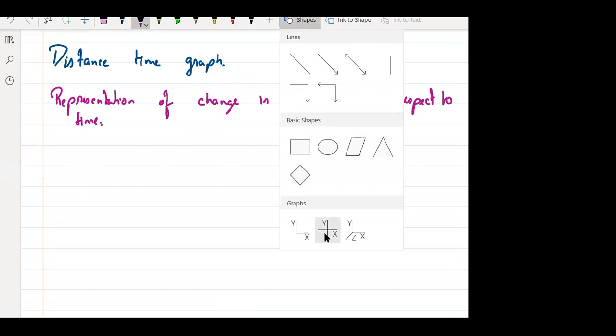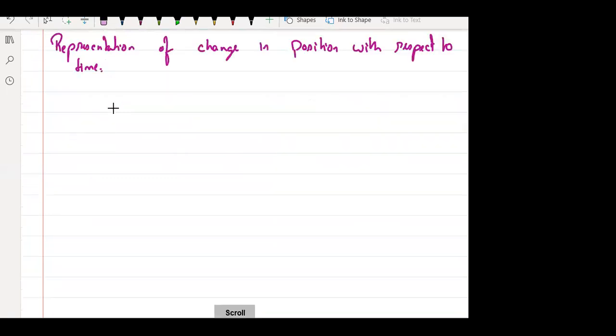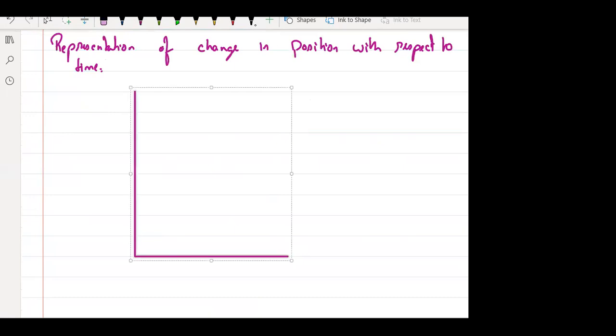Kaise? So suppose this is a graph. I hope all of you know what is graph. हाँ या ना? कितने लोगों को दिक्कत है ग्राफ में? How many of you don't know what is graph? I guess all of you know what is graph, right? Okay. So sir, this is x-axis represents time.